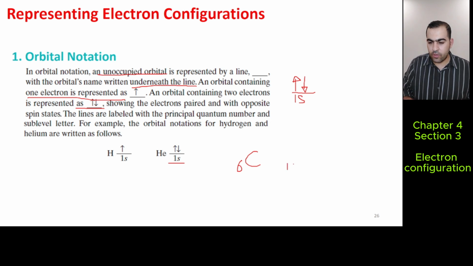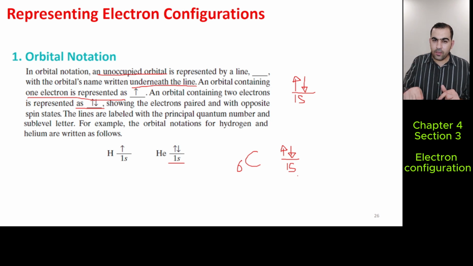First I fill the 1s. Why? S has 1 orbital, and each orbital can hold 2 electrons. So this is 1s2, and 1s is filled.